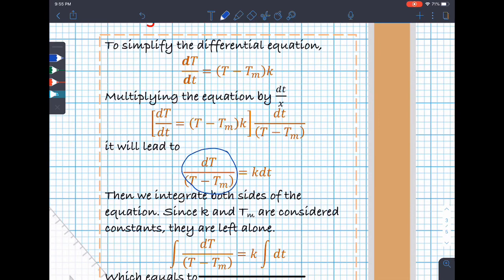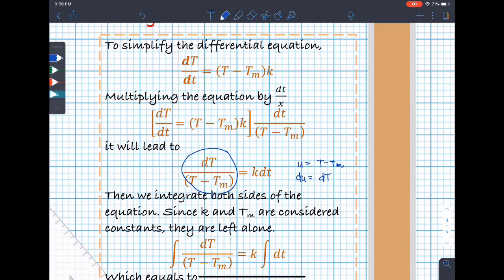Since our variables here are the temperature and time, T, the temperature of the body, is the variable, while Tm, the temperature of the environment, is considered constant. Thus, if we let u equal T minus Tm, that gives us du equal to dT.